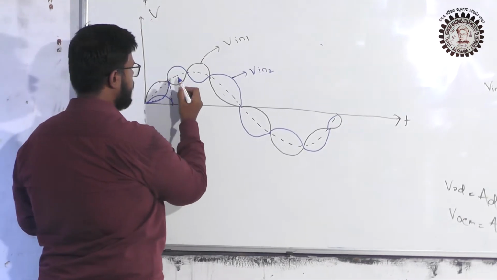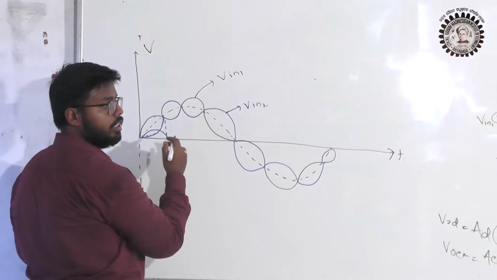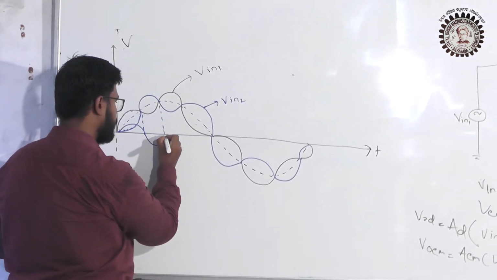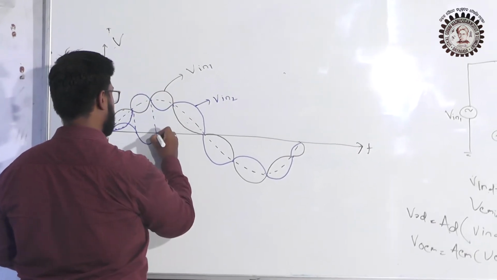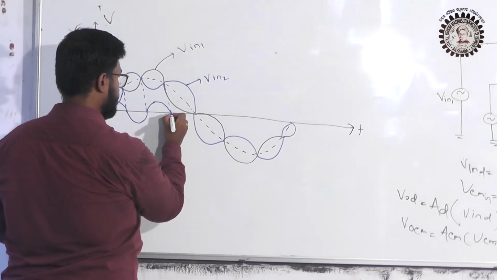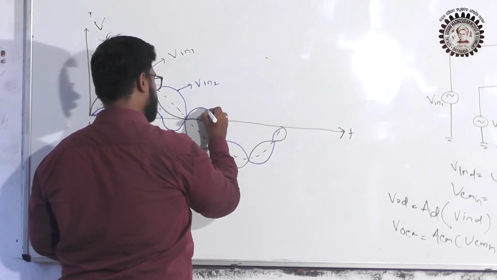Then here V in 2 is greater than V in 1, so the resultant output will be negative. Similarly, in this case it will be positive, in this case negative, and here positive.